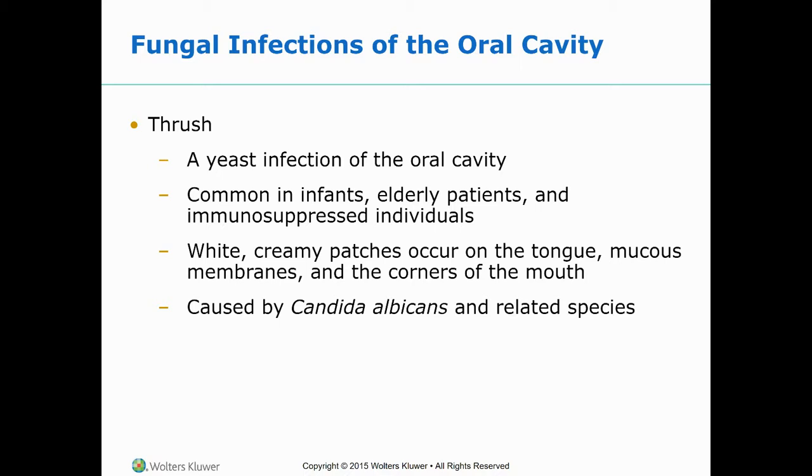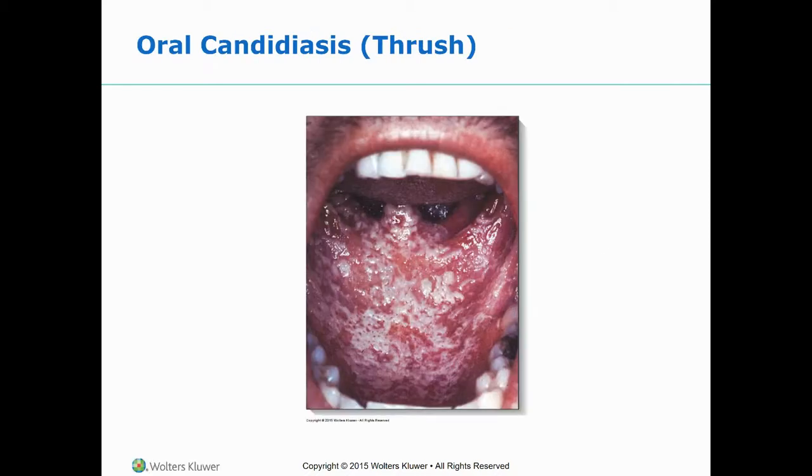What happens is you get creamy white patches on the tongue, underneath your tongue, on the mucous membranes, and on the corners of your mouth. Again, it just means it's a yeast infection. You take some medication, you're good to go. Okay, so this is just some pictures of thrush.